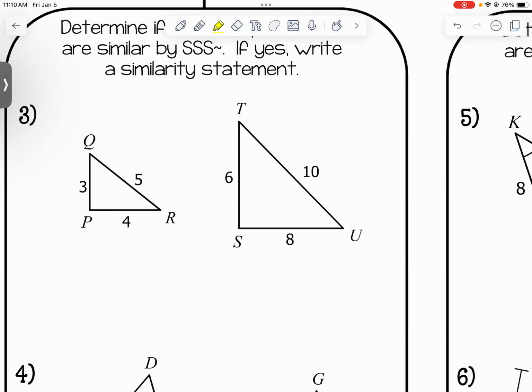Mathematically, what's true about side 3? It's the smallest, so in triangle TSU, it would match up with the smallest. So I'm going to write 3/6.